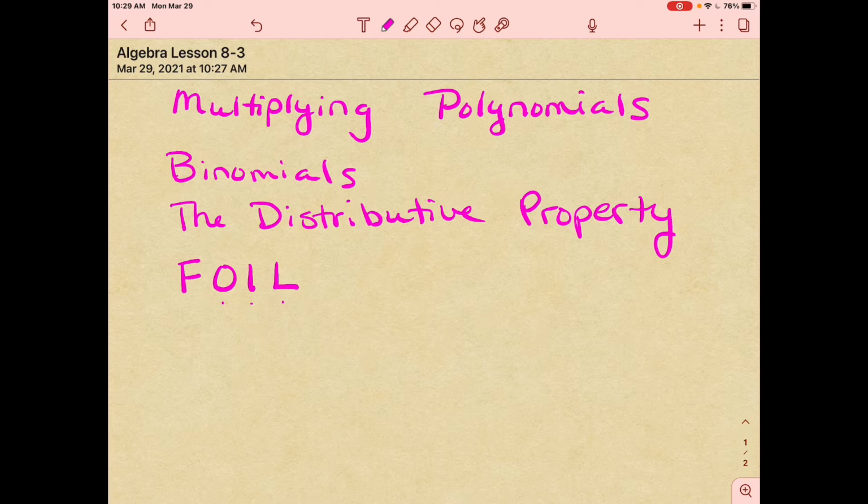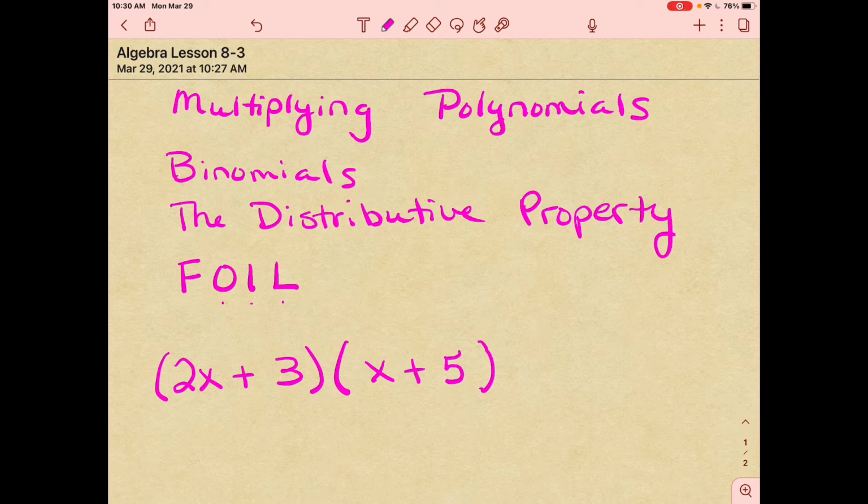If I want to multiply two binomials, and here's an example, 2x plus 3 times x plus 5, and notice that there's no plus or minus between the parentheses there, so we know we're multiplying the 2x plus 3 times the x plus 5.